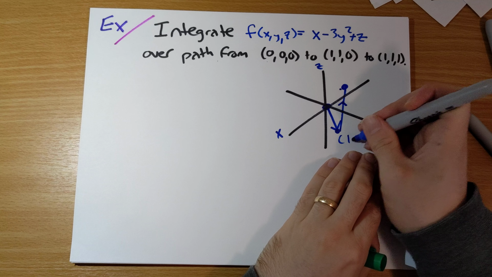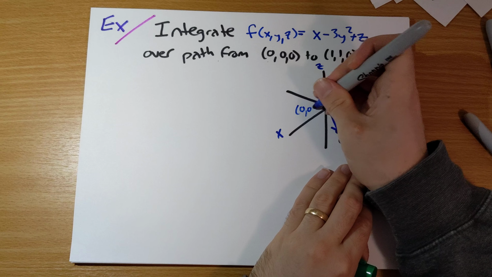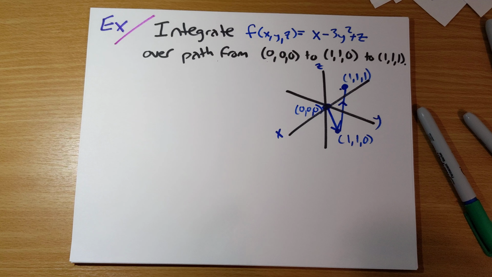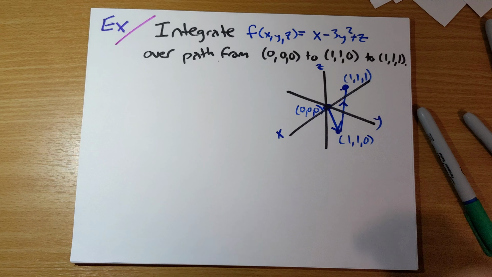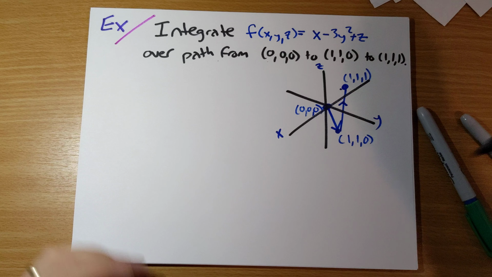So how do we do this? Our curve here, we're going to break into two chunks. A line segment from 0, 0, 0 to 1, 1, 0, and then the line segment from 1, 1, 0 to 1, 1, 1. So we need parameterizations here.